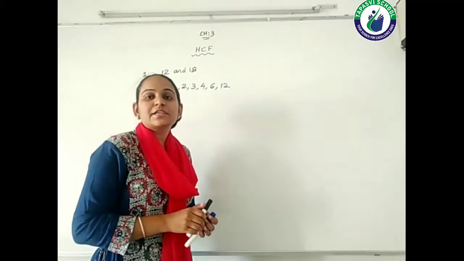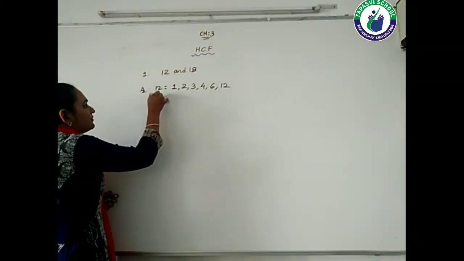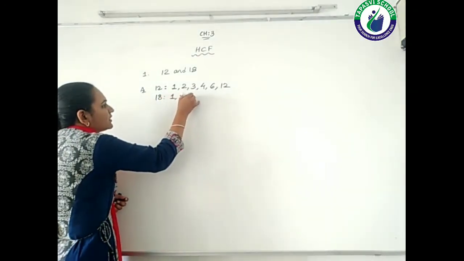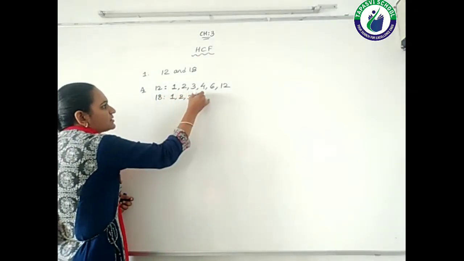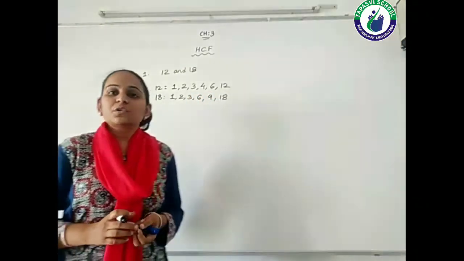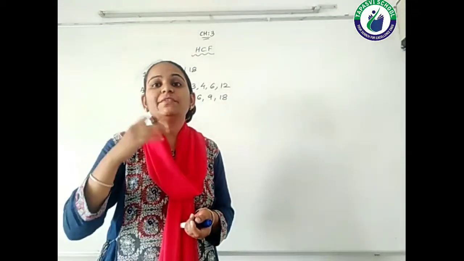Similarly, okay students, now we'll list down the factors of 18 also, right? So the factors of 18 come in the table of 1, then 2, then 3, then 6, then 9, 18 itself, right? Now after these factors, students, we have to see which are the factors that are common between both the numbers.